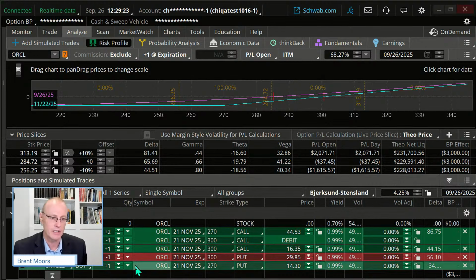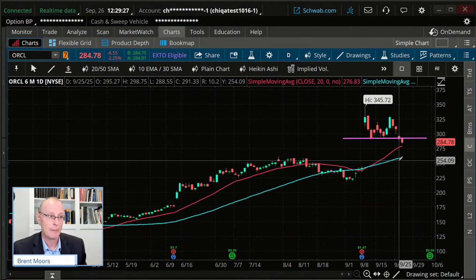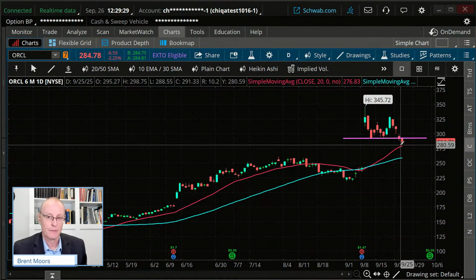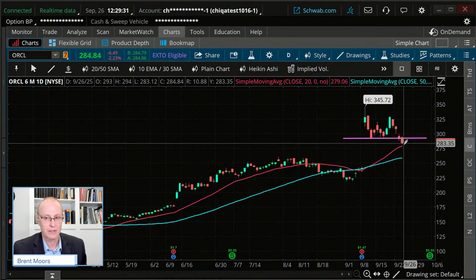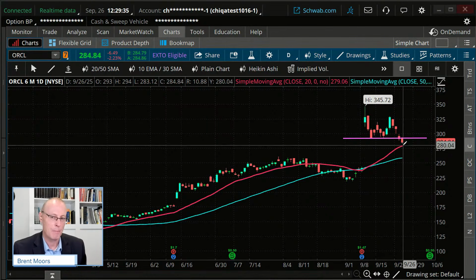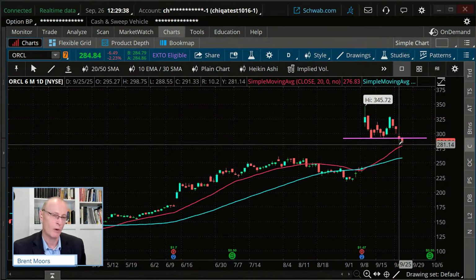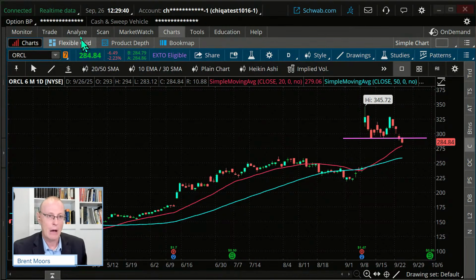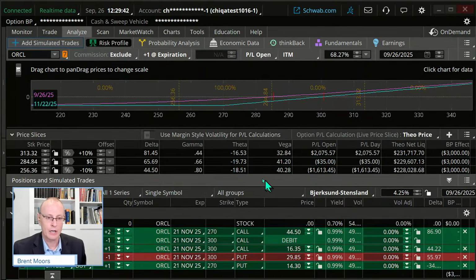Now, if you were looking at this today and you were a technician, you may say, as Mighty Mouse says, hey, this may not be the time for a bullish trade. You may want to wait for a bullish bounce here. It just depends on what your outlook is, okay? Now, there are other factors that you could consider, no doubt.